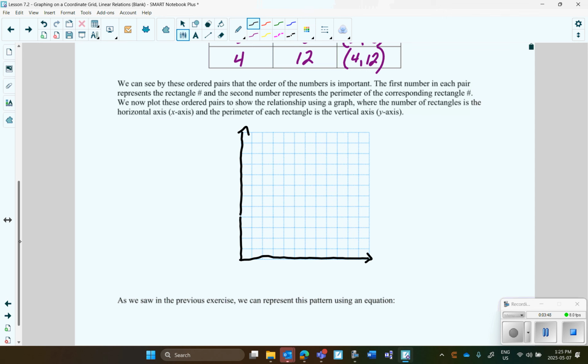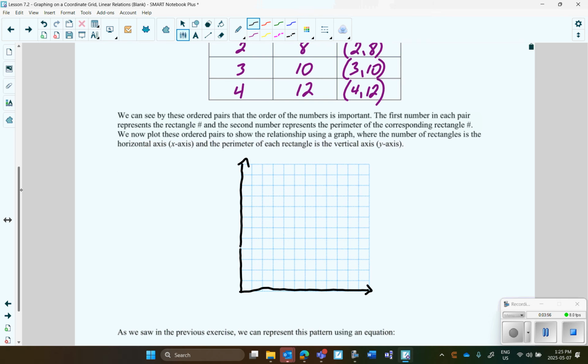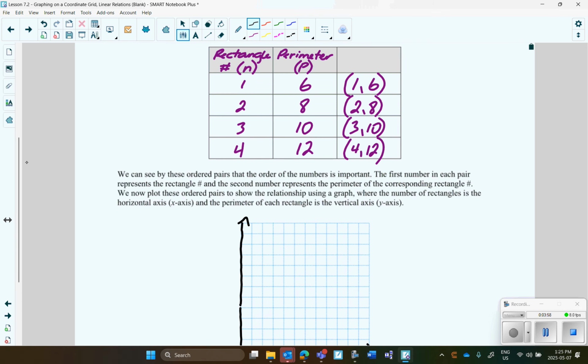Now, normally, we call the horizontal axis what letter? X, right? But what is it called in this problem? It's the first column. What's it called?